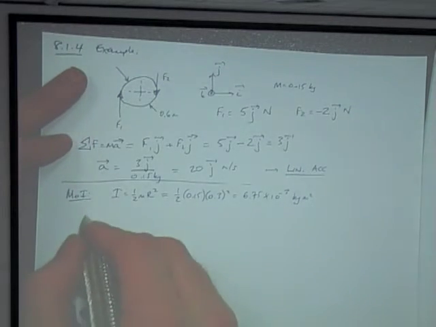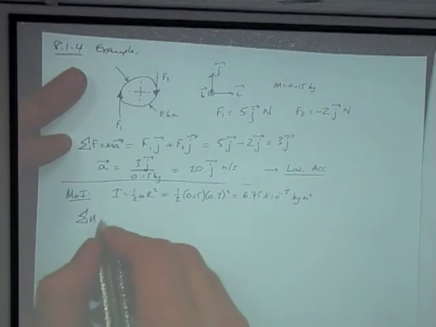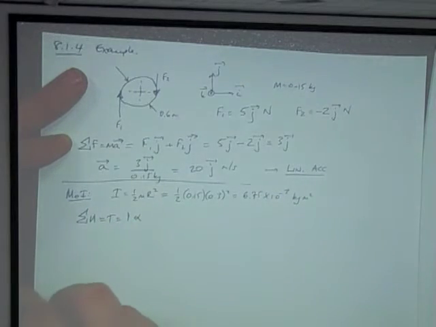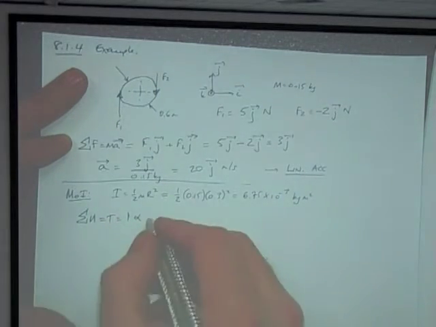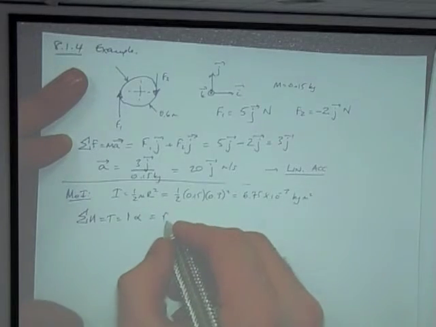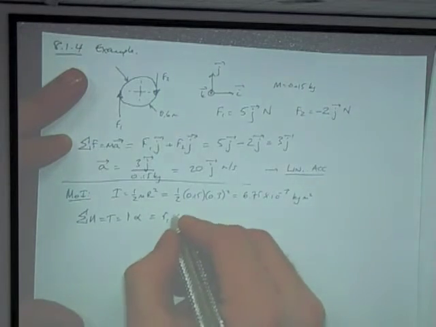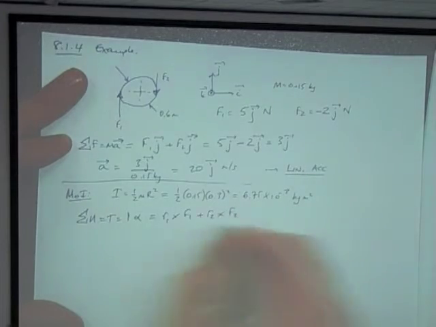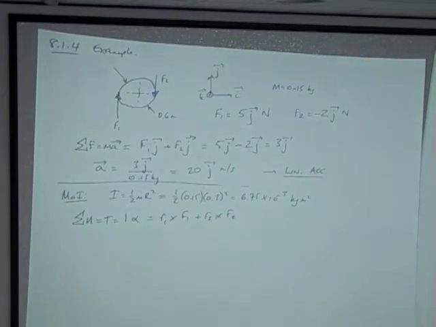We know that the sum of all the moments is torque, which we know is I alpha. We also know that torque equals R1 cross F1 plus R2 cross F2. Remember, they're vectors, they're cross products. We can tell that R and F are 90 degrees apart, but we'll do the cross products anyway.